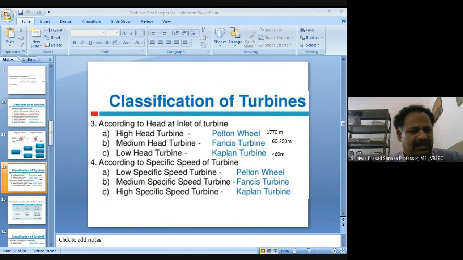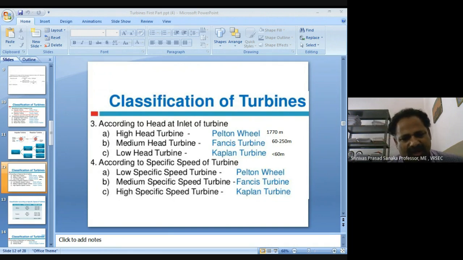Whereas, if the head is in between 60 to 250 meters, the type of the turbine is called the medium head turbine. If the head is less than 60 meters, then it is classified into the low head turbines.